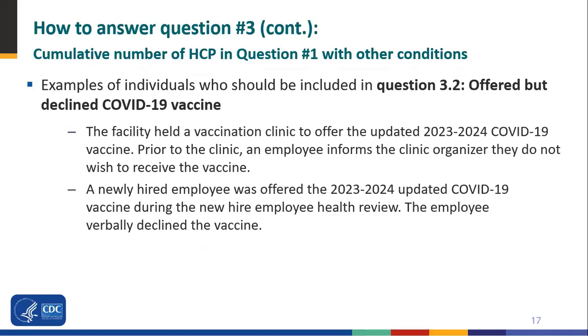Prior to the clinic, an employee informs the clinic organizer that they do not wish to receive the vaccine. In another example, a newly hired employee was offered the updated COVID-19 vaccine during a new hire employee health review. The employee verbally declined the vaccine.